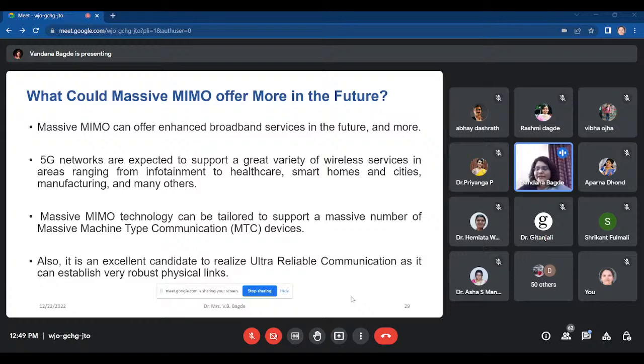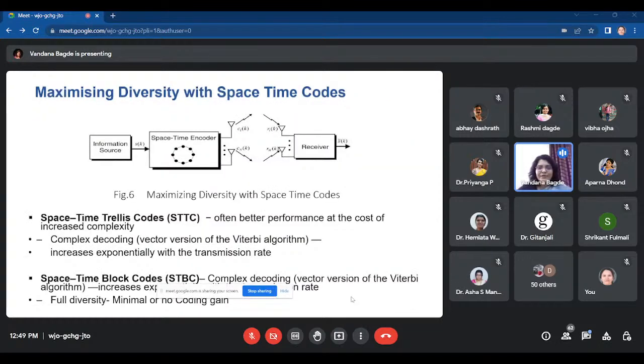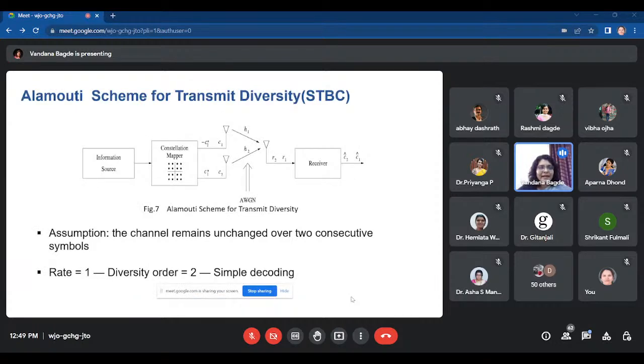So this is how we can maximize the diversity with the help of space-time codes. Then this is the Alamouti scheme, the basic scheme. In the year 1975, Siavash Alamouti did research and found that there are some codes which we can develop for sending signals, with which we can encode the message and decode the signals.